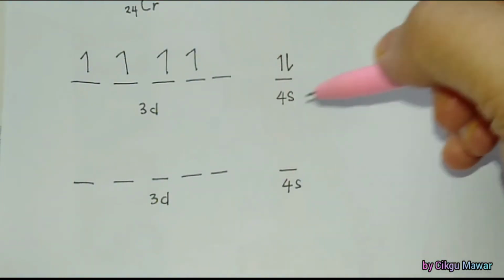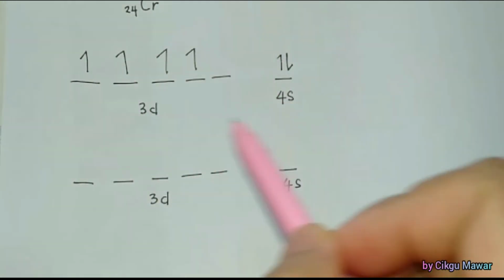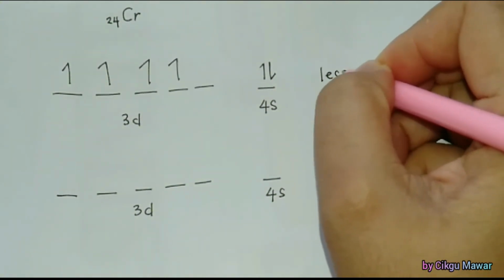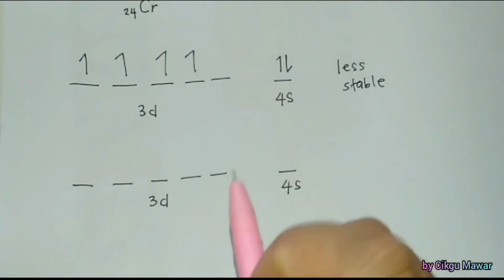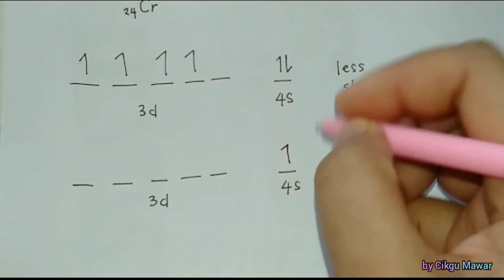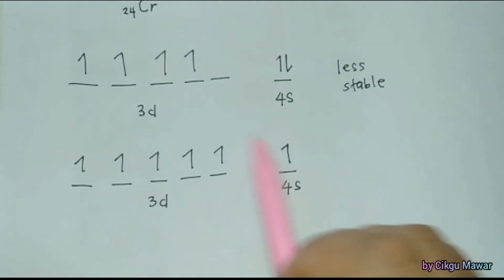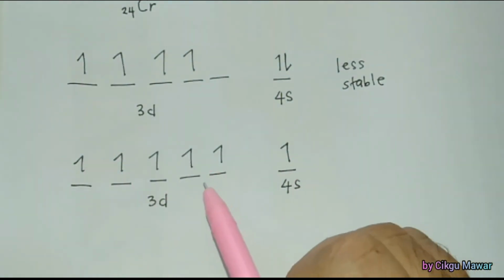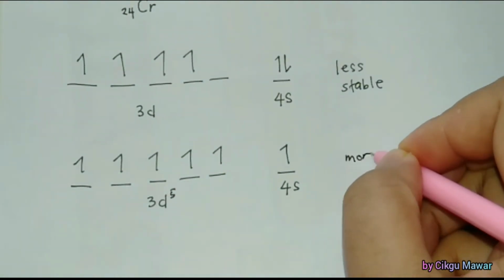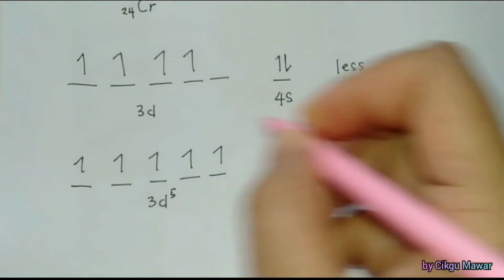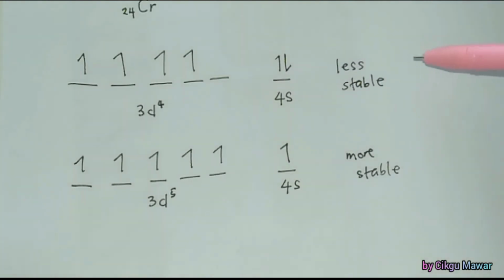Suppose this is how we fill up, but this condition is less stable. So for chromium we fill up 4s1 and 3d5, because this half-filled 3d5 orbital is more stable compared to 3d4, which is a partially filled orbital and less stable.